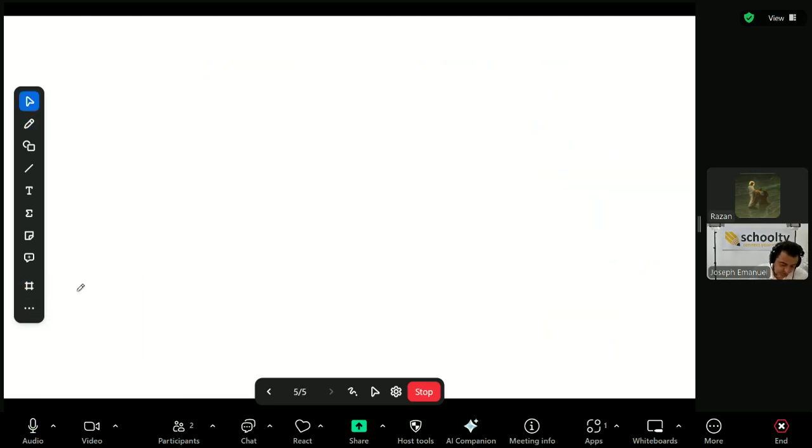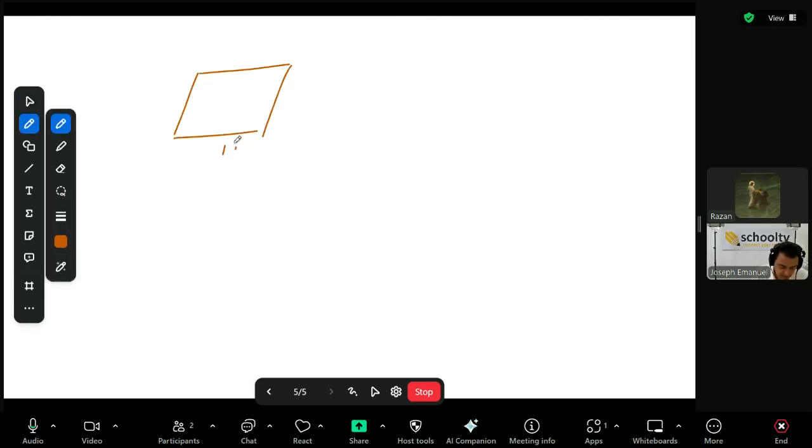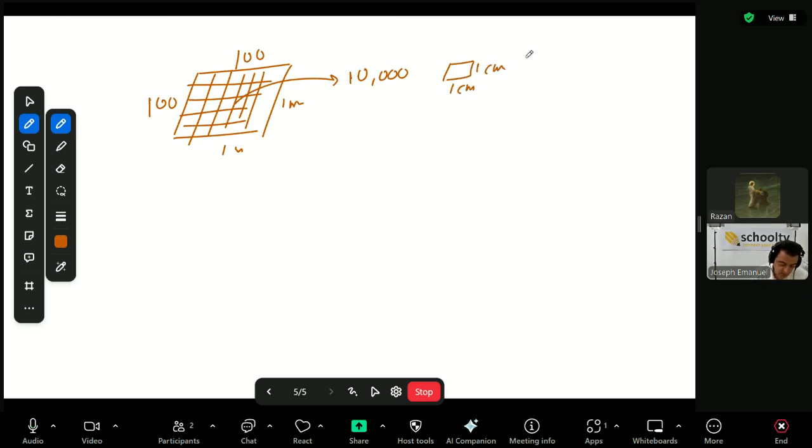Let me explain: 1 meter by 1 meter, if you divide it into 100 by 100, you have 10,000 small pieces of 1 centimeter by 1 centimeter.